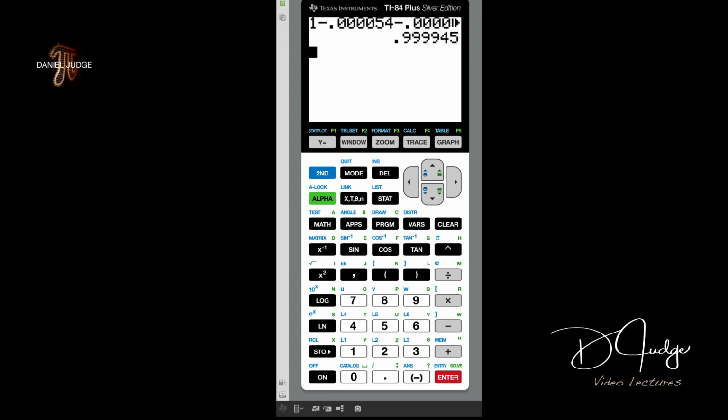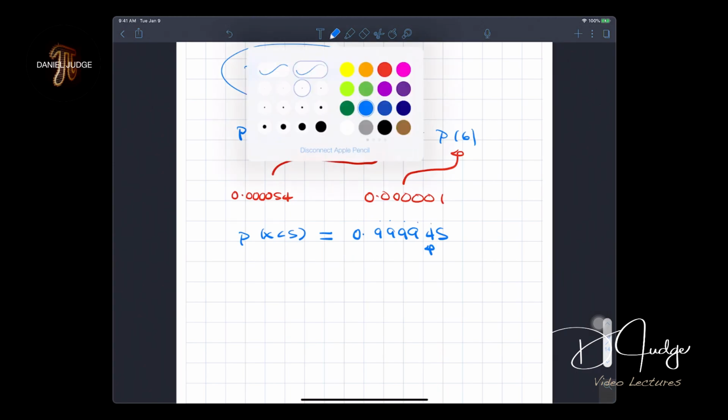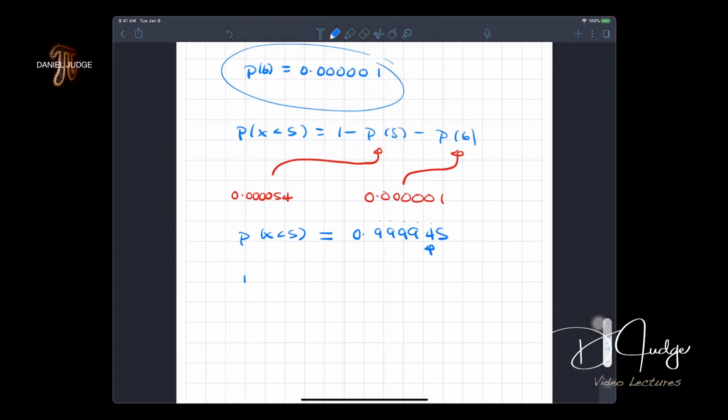They didn't say where to approximate, so we can approximate here, maybe to the hundred-thousandths. So this probability of less than 5 students is 0.99995. And we've been writing that in black.